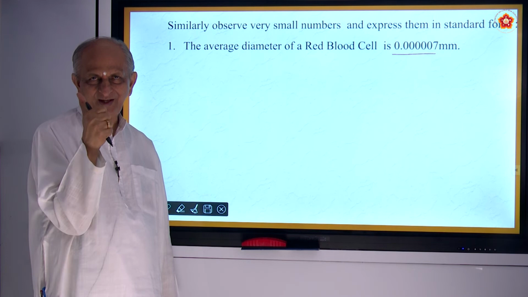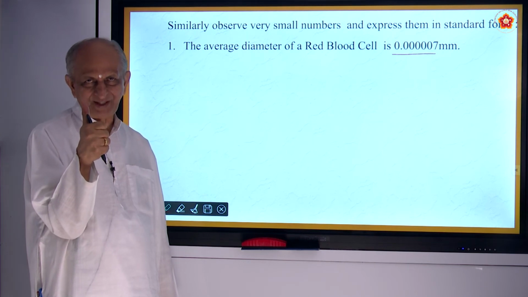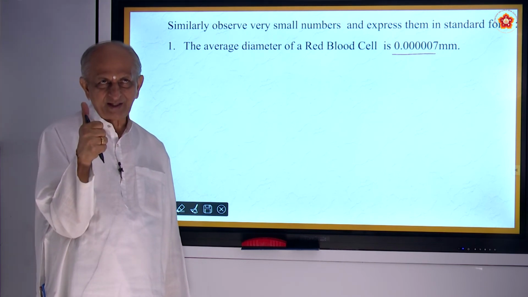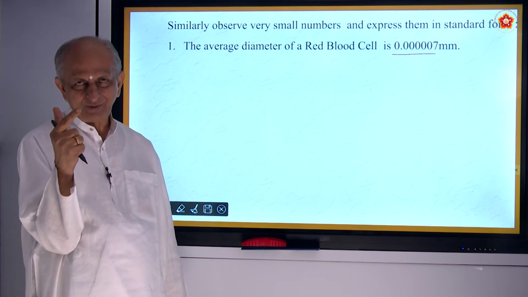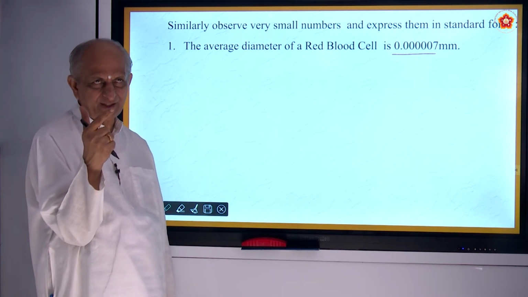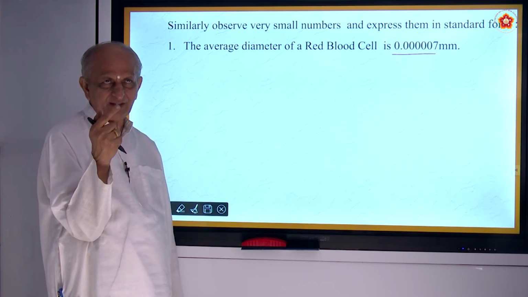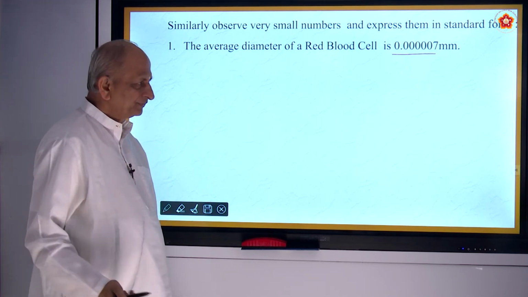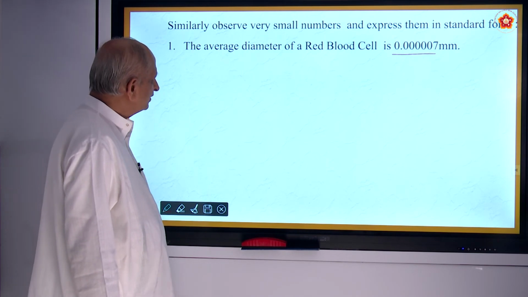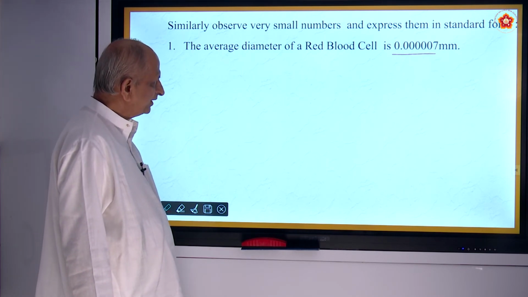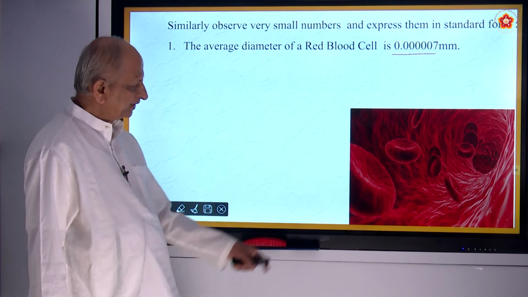What are they? RBC. What is RBC? Red blood corpuscles. WBC, white blood corpuscles or cells, you can say. And then plasma, which is a liquid. So these are the 3 things you find. Now they are telling that a red blood cell is of this size. See, these are red blood cells.